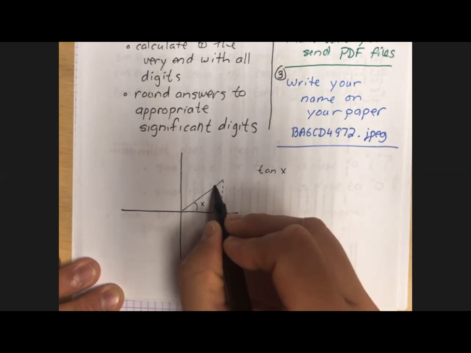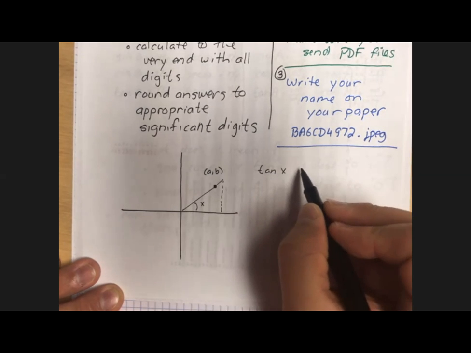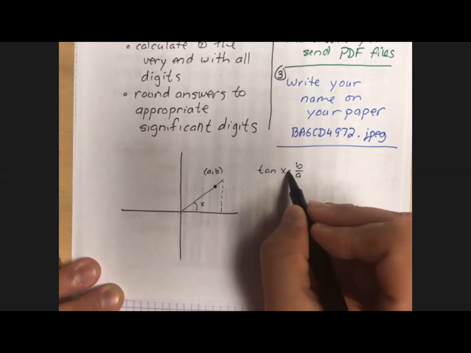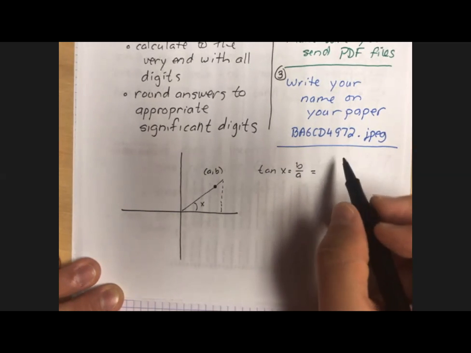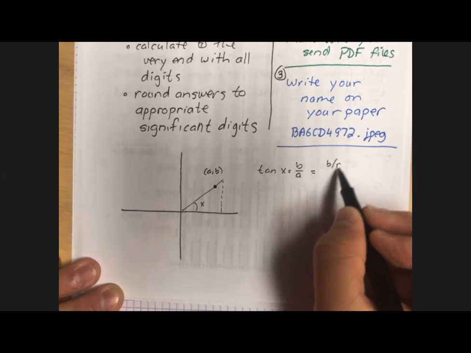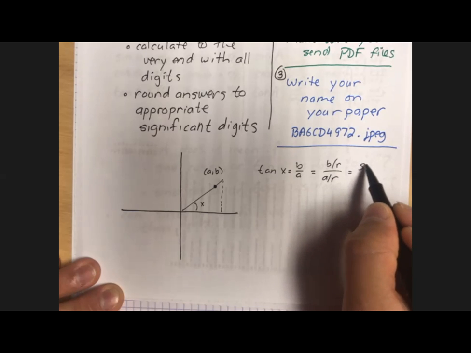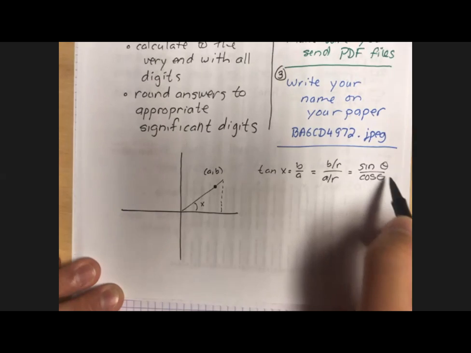But if I have a point here called AB, then the tangent is B over A, which turns out to be the same thing as B over R over A over R, which turns out to be the same thing as sine theta over cosine theta.